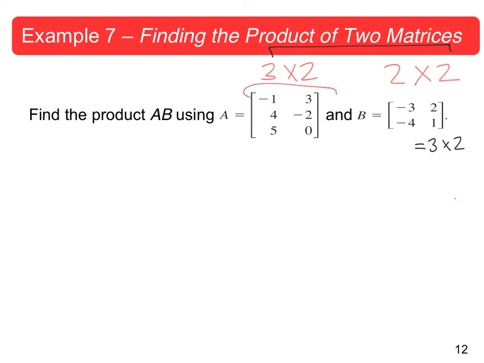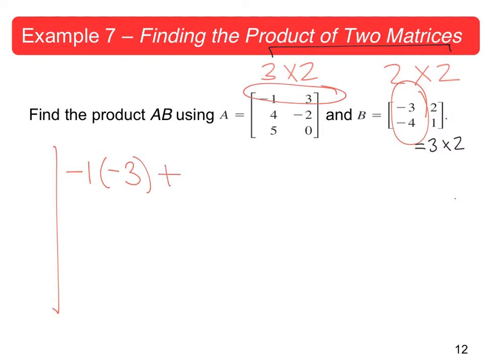I want to match up -1, 3 with -3 and -4 like this. So we're going to do element 1 times element 1, which is -1 because it's row 1, column 1, times column 1 element that's in row 1, which is -3.